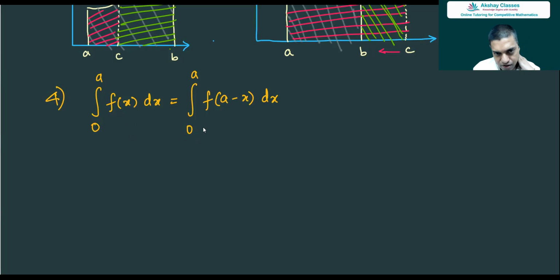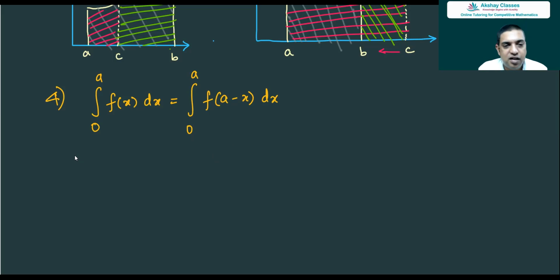From your intermediate or class 12 text, you can take a minus x as t, then minus dx is equal to dt. So dx is minus dt. And when x is equal to 0, t is equal to a. When x is equal to a, t equal to 0. So you will get a to 0 minus f of t dt, which reverses, and you will get 0 to a f of t dt, which is the same as this. So LHS equal to RHS, you can show by that particular substitution.